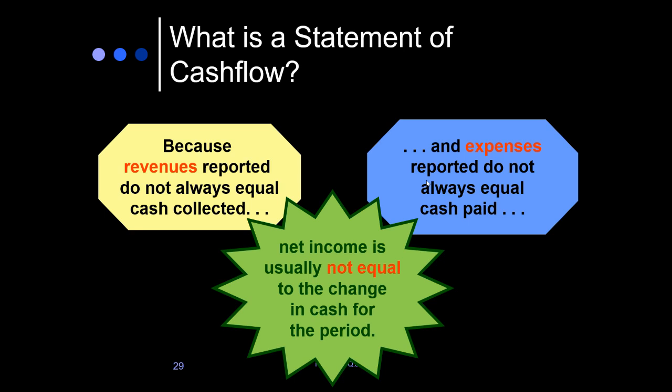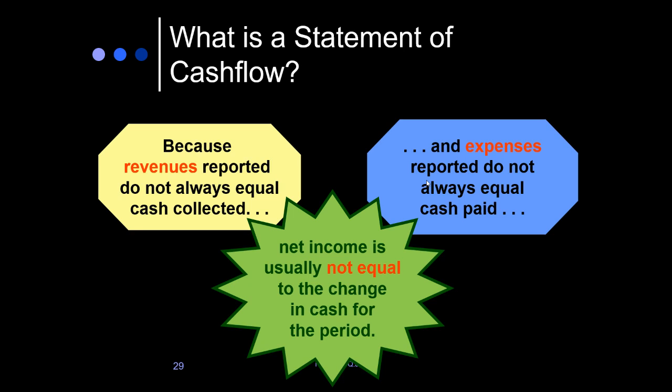Because of the inequality in cash collected and cash paid, net income is usually not equal to the change in cash for the period, because it does not actually report what cash is available, the position of the cash available in the company.